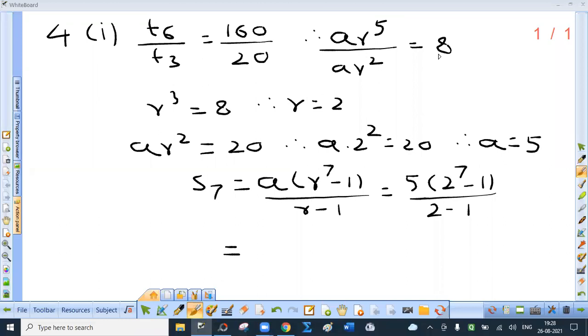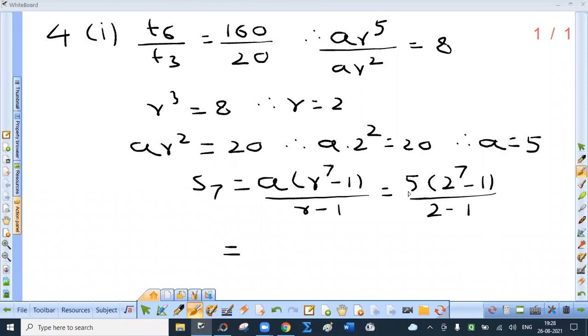Fourth question, for a GP, first part, third term is 20, sixth term is 160. Find S7. Take the ratio. Now T6 is AR raised to 5 upon AR square is 8. R cube is 8, so R is 2. Now third term is AR square, 20, but R is 2, so that gives me A equal to 5.